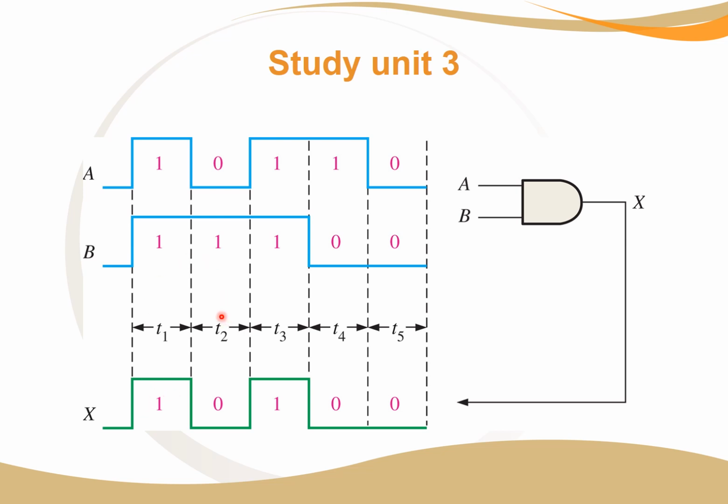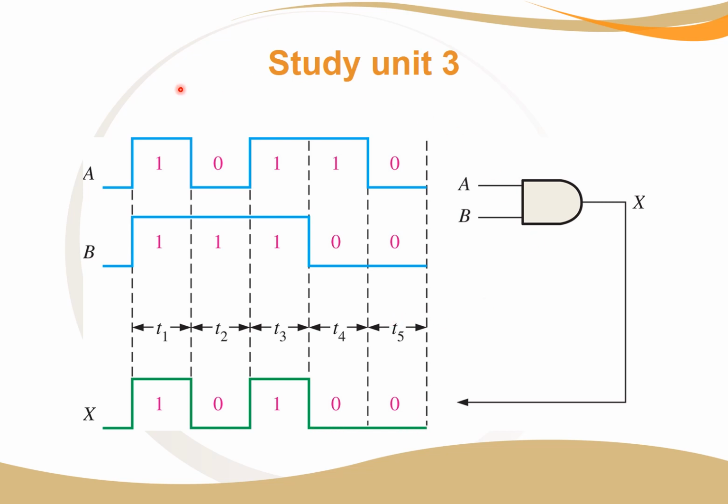For the next time step, T2, A is 0, B is 1, so the output is 0. For the next time step, A is 1, B is 1, so the output is 1. And again, for every time step, we draw the output.